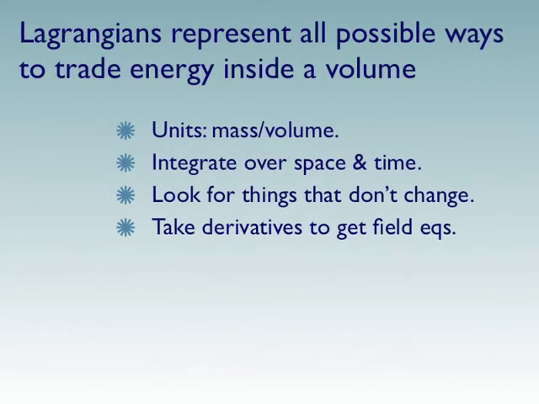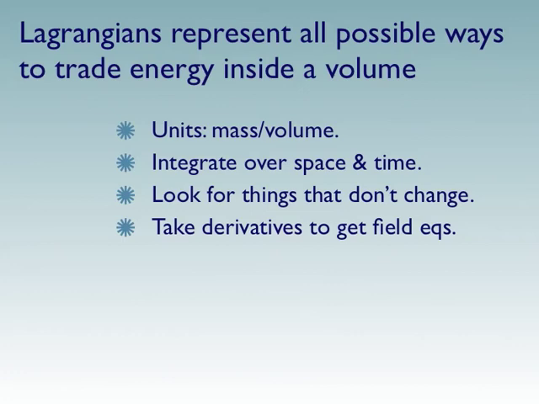So Lagrangians represent all possible ways to trade energy inside a volume. It has units of mass per volume. And what we do to this is we integrate this over space and time, and that's called an action. So if you integrate this over space, then you get the mass.